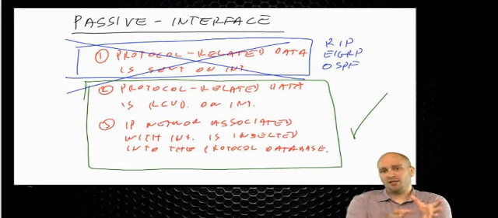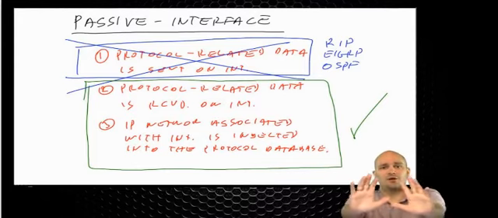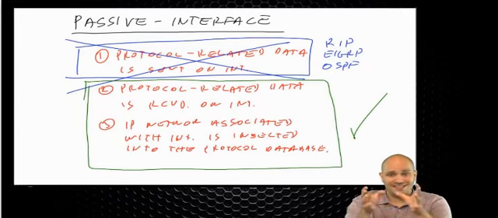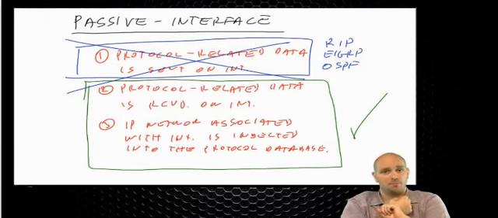When you declare an interface as passive for RIP, you are going to prevent this router from sending the routing updates out of this interface. Why? Because routing updates are the protocol related data in case of RIP. If you receive routing updates on that interface, you are still going to accept and process them. Why? Because this interface is enabled for RIP.